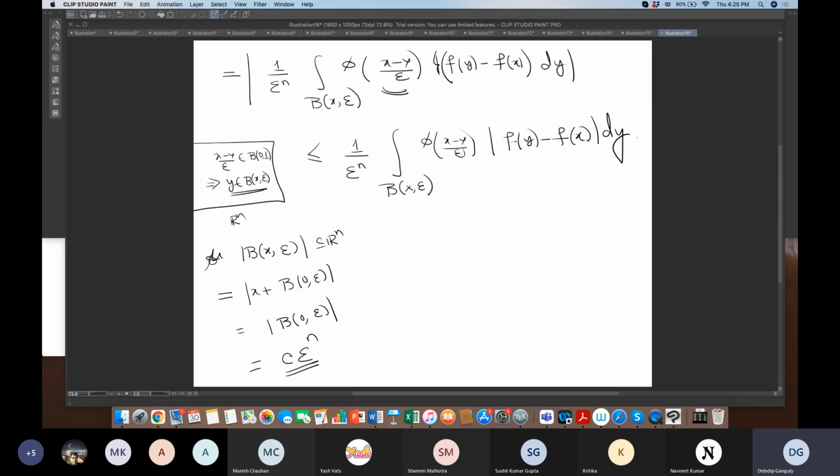So for n dimensions, it will be a constant times epsilon to the power n. Using Fubini, you can get it. So this is of order epsilon to the power n, and I can write it as c epsilon to the power n, which becomes the Lebesgue measure of this ball.